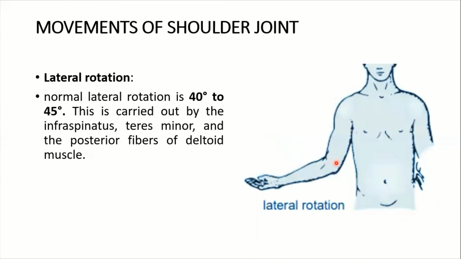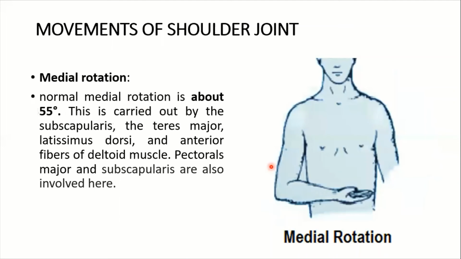Lateral rotation, right? This is a lateral rotation. Normal lateral rotation is 40 to 45 degrees, carried out by the infraspinatus, teres minor, and the posterior fibers of the deltoid. And this is a medial rotation. Normal medial rotation is about 55 degrees, carried out by the subscapularis, the teres major, latissimus dorsi, and the anterior fibers of the deltoid.